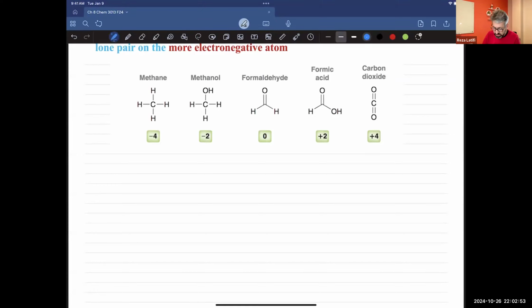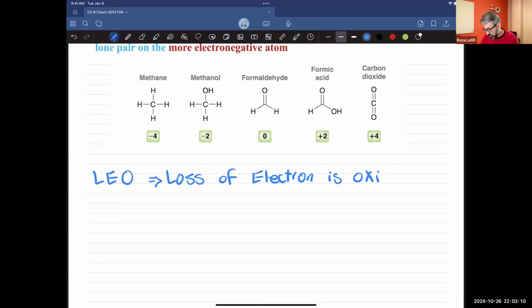Let's write these two terms. LEO stands for loss of electron. Loss of electron is oxidation, which means the positive charge is going to go up or increase.